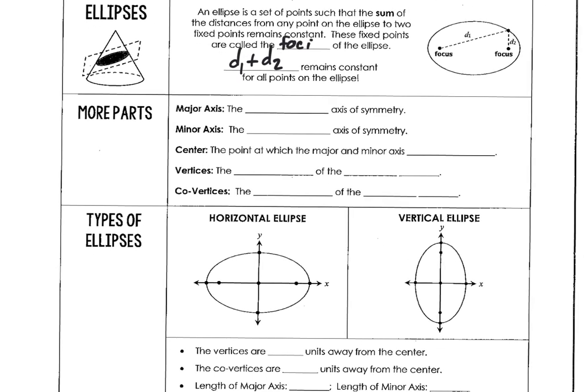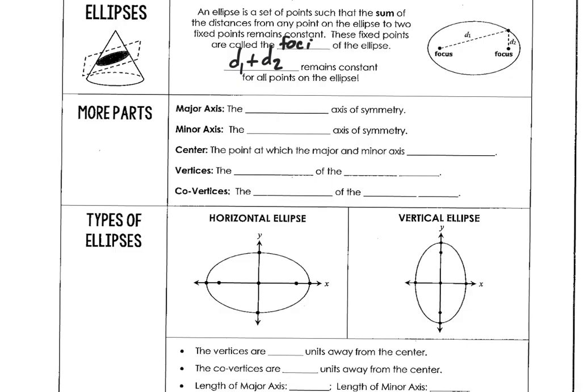We have what we call the major axis. When we have an ellipse, the major axis is the longer axis. You're going to have a longer axis one way and a shorter axis the other way. If I turned the ellipse, like this guy down here, then the longer axis would be up and down and the shorter axis would be left and right.